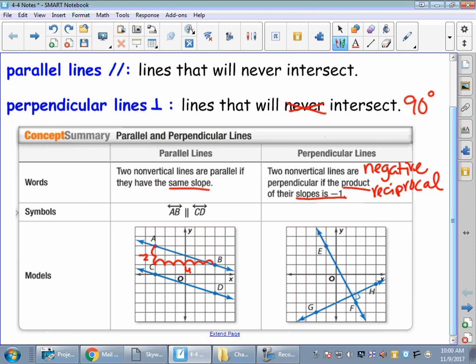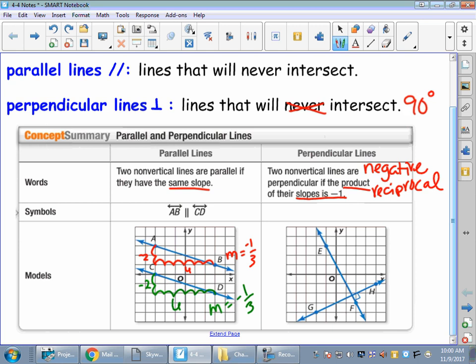So I went down 2 over 6. That's a slope of -1/3. And if I look at the slope from C to D, I go down 2 units and over 6 as well. So the slope of AB and the slope of CD are the same. They'll never touch because they're rising and running the same amount.